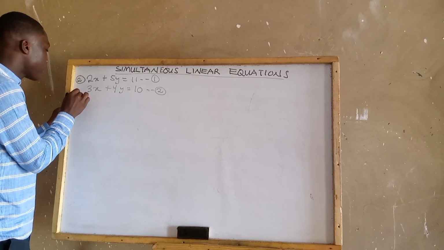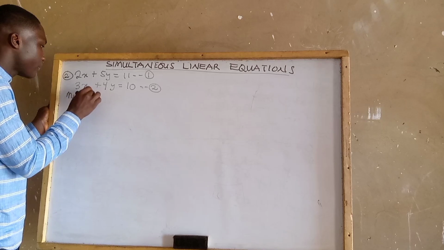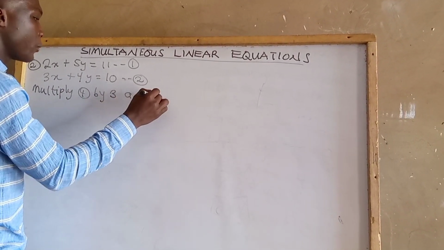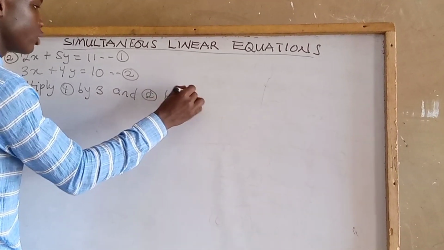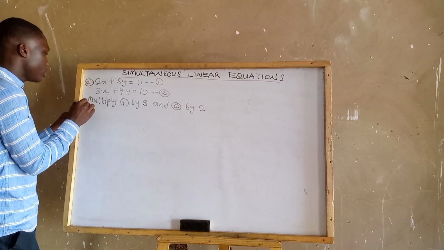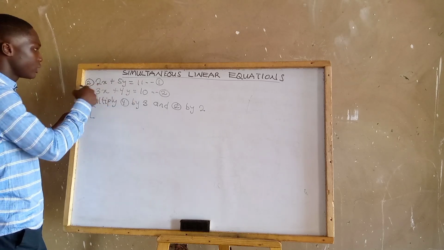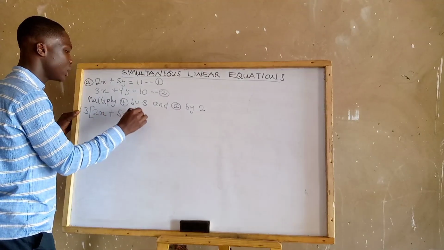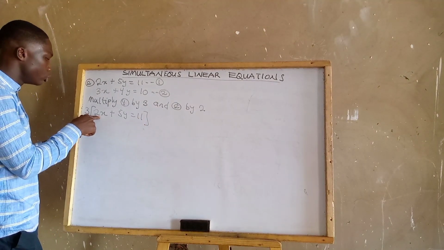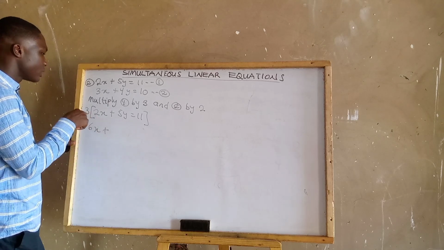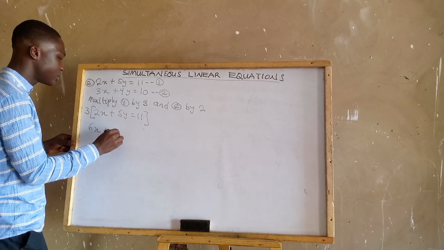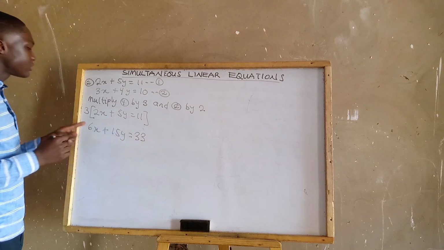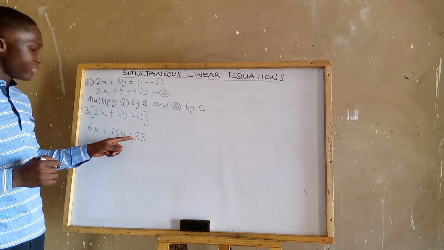So multiply equation 1 by 3 and equation 2 by 2. 3 times equation 1, the whole equation, 2x plus 5y is equal to 11, gives 6x plus 15y is equal to 33.